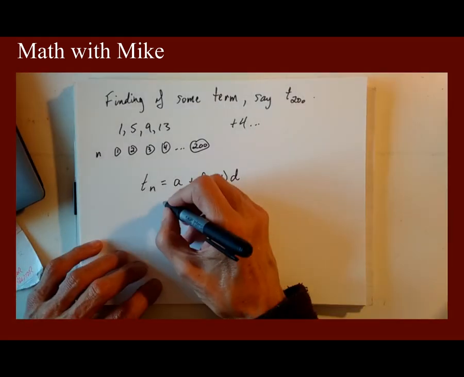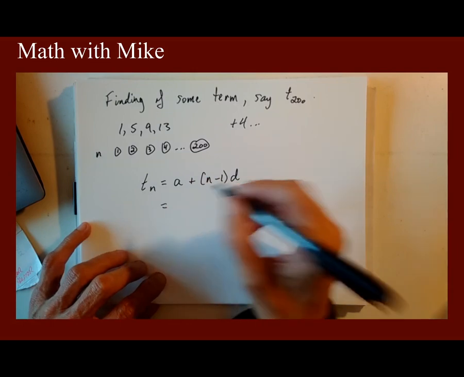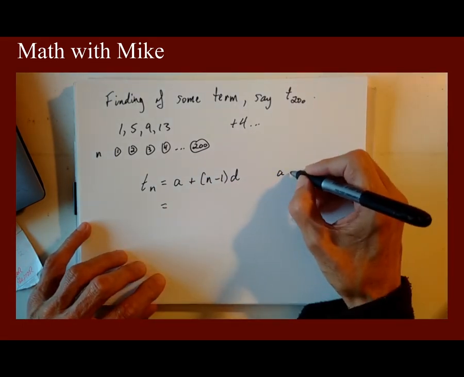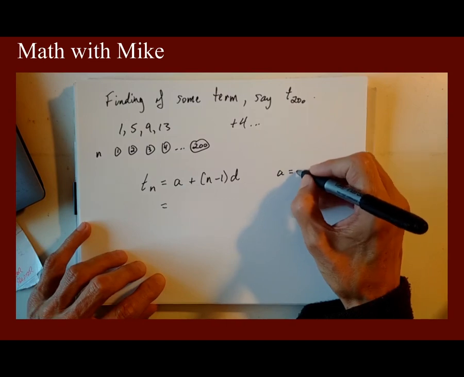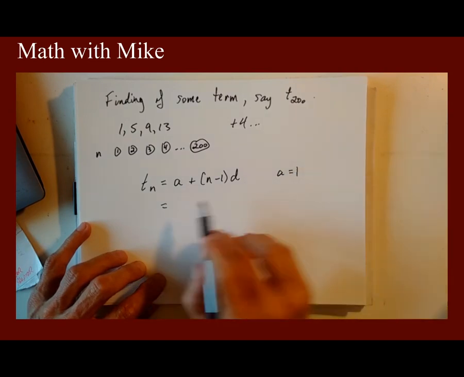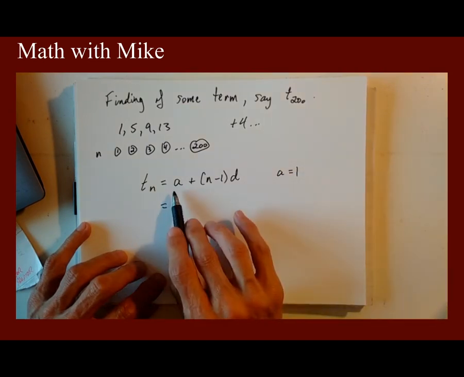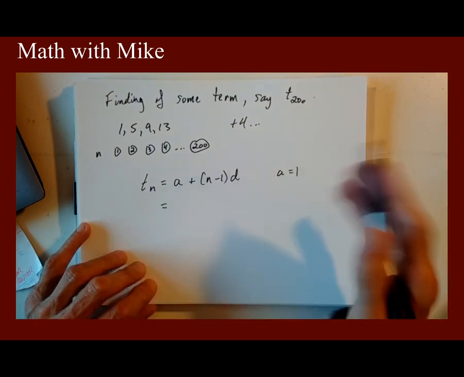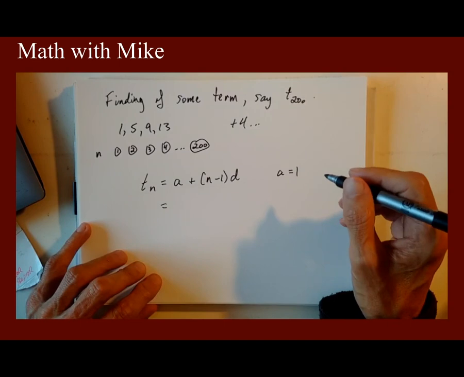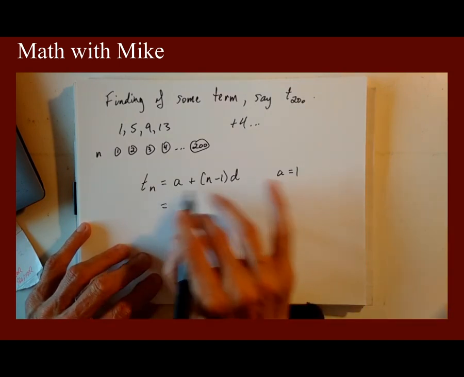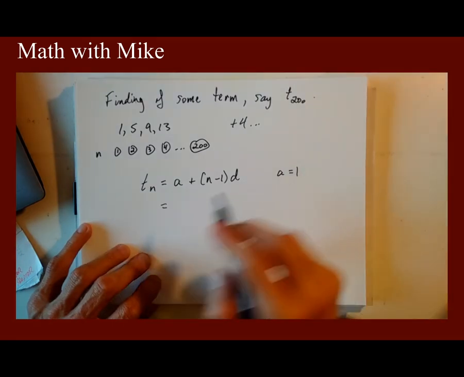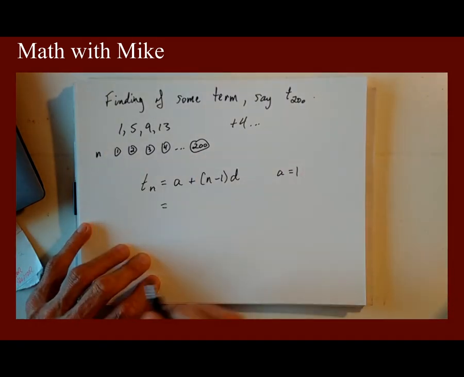So A is the first term. So what you want to do is make a little list. See what we have, because we need a value for A, N, D, and Tn in order for this equation, this formula to work. All right, so A is equal to 1, that's the first term.